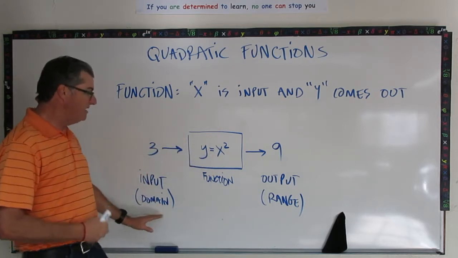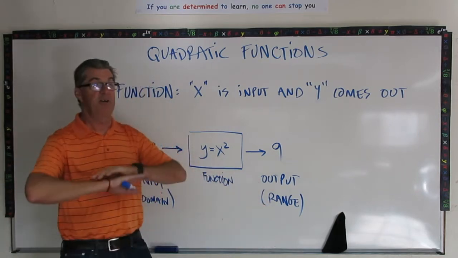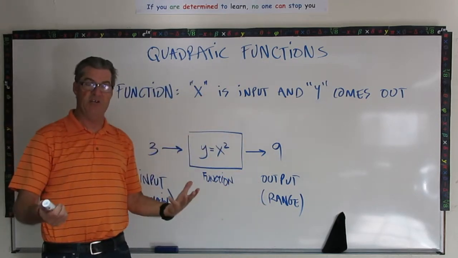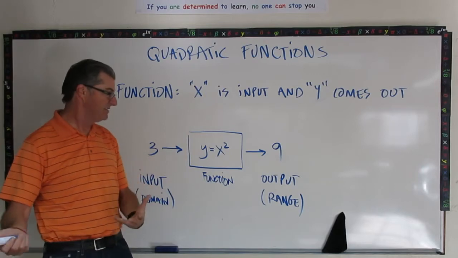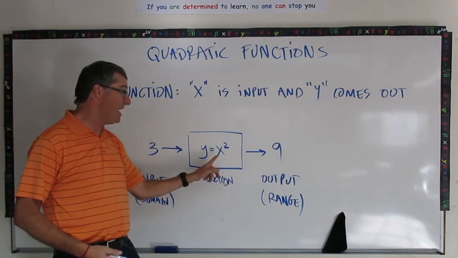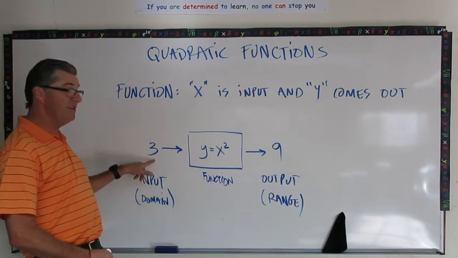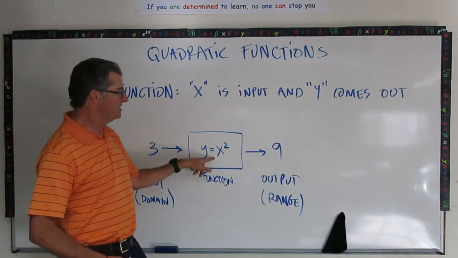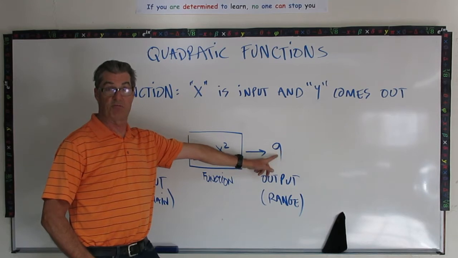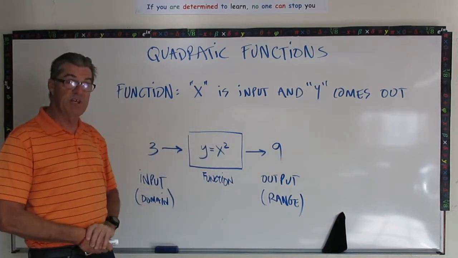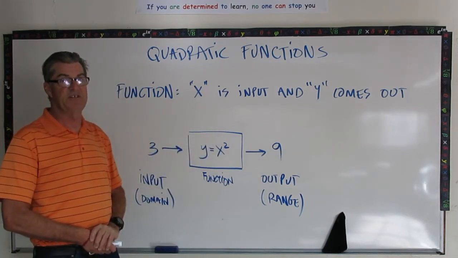So that's the domain. The output, the range is out there, like the range where the cattle graze on the grass. So the range is determined by the function. That determines what the range is. So again, my domain for this case was 3. The function spit out a 9, which is the range. Okay, so those are some key vocab words that go with this unit.